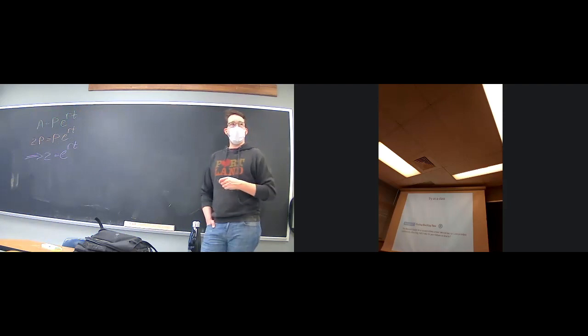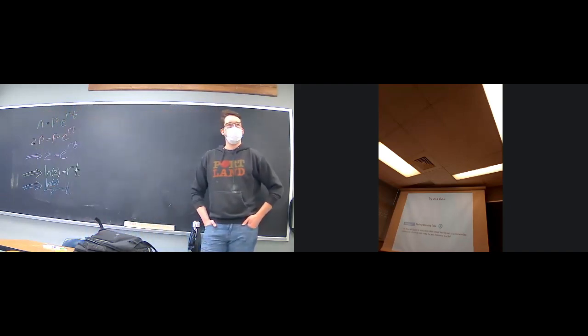So to undo it, we're going to apply the ln to both sides. Divide both sides by r. And that's all it is.